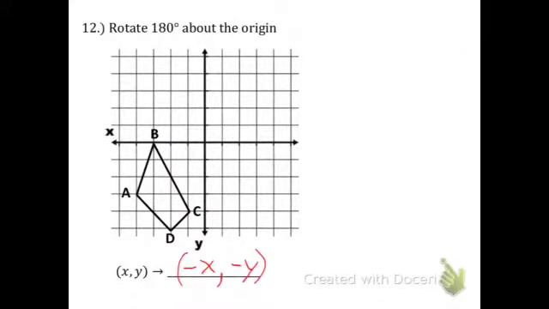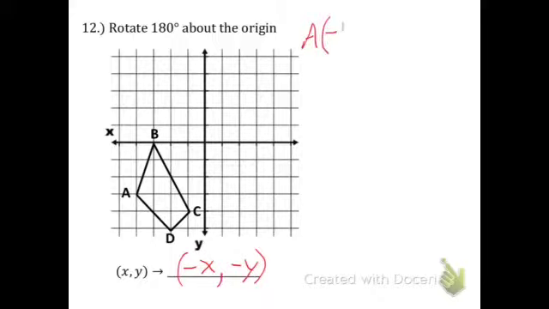Moving on to 12, if you're doing a 180-degree rotation, you take your coordinates and switch the sign on both. So just take each point and you switch the signs. Like A is currently at -4, -3. So when you want to get A prime, you just switch the signs. You'll get +4, +3. B is currently at -3, 0.